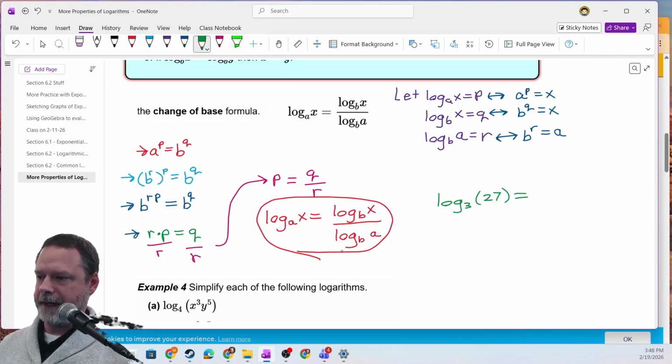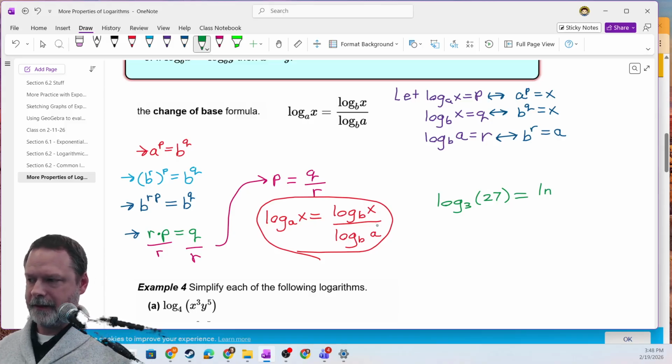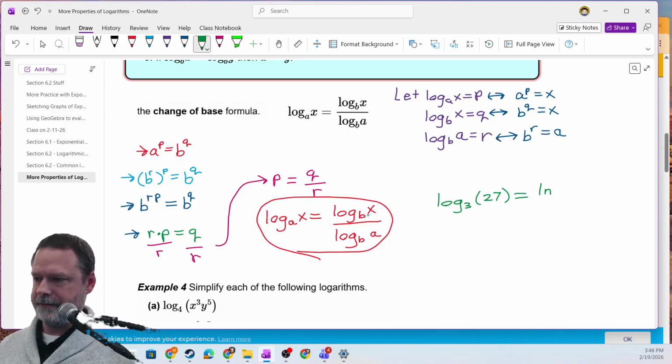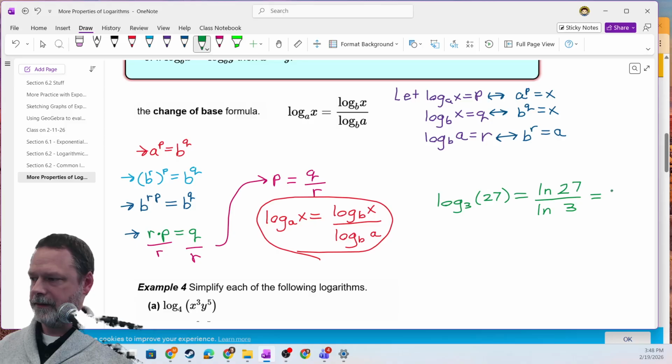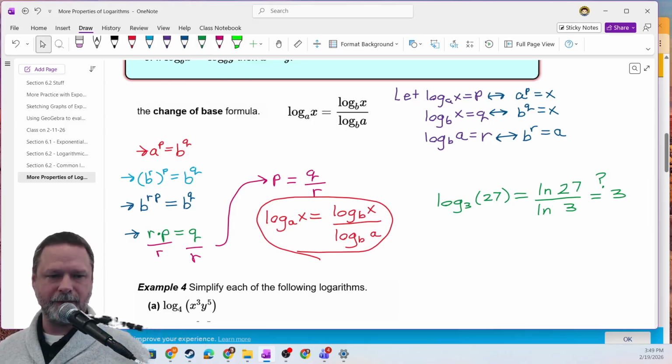But let's rewrite it using the change of base formula. Let's use natural log: natural log of 27 over natural log of 3. It should equal 3. Let's test that out using GeoGebra.